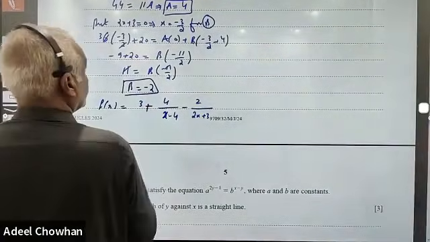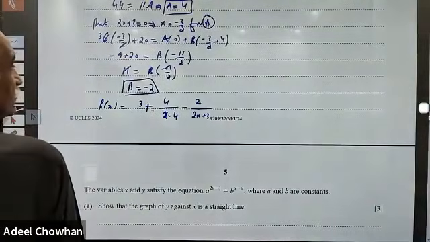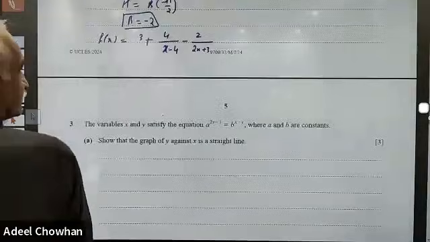Sorry, the A value is positive 4. So it is 3 plus 4 over (x minus 4) minus 2 over (2x plus 3).